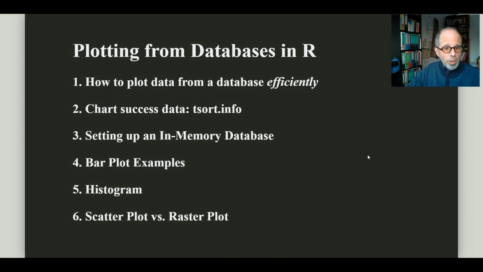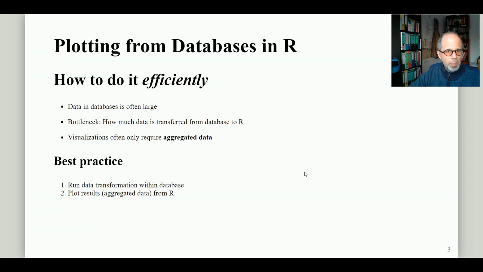Then we'll set up an in-memory database so that we can try out the examples without having to worry much about infrastructure. And then I'll show you a couple of examples. We'll start out with simple bar plots and see different approaches for how to do that and how these approaches differ. Then we'll check out a histogram, and then finally we'll see a scatterplot versus a raster plot, which I think is a powerful idea for plotting.